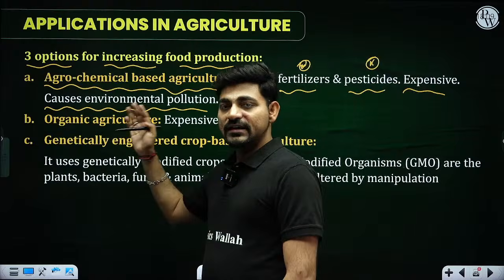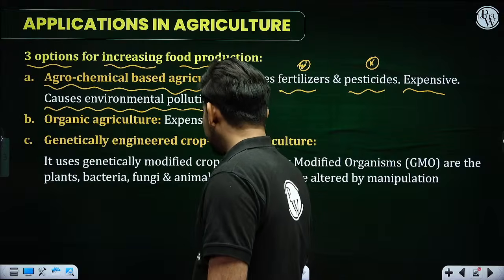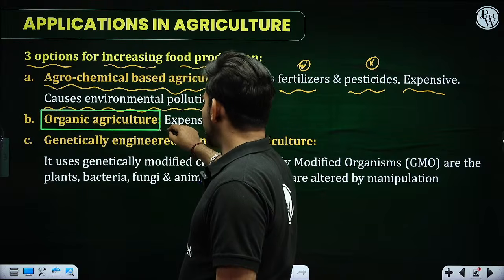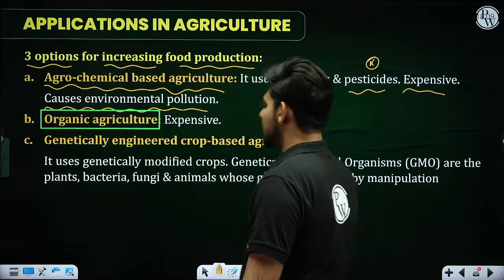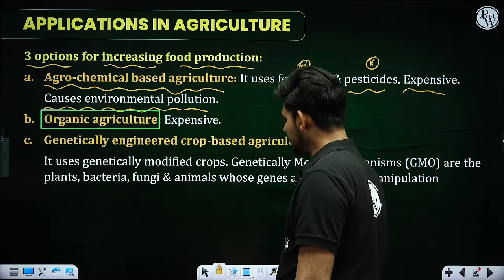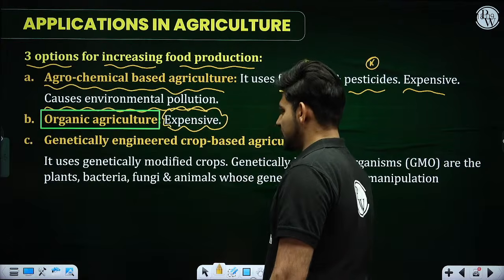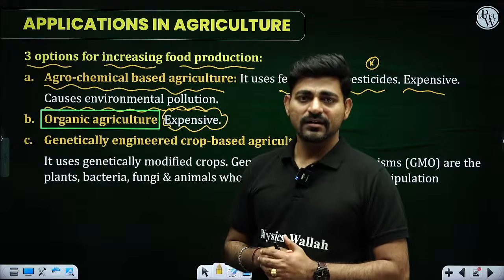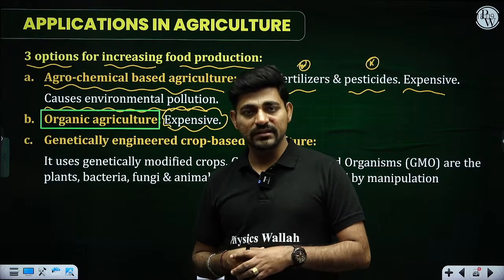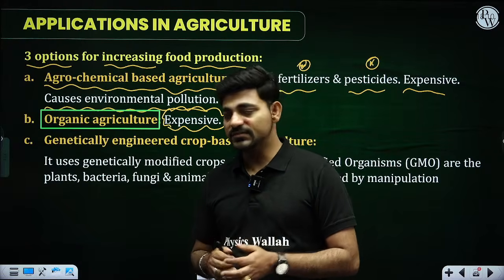Okay, so they can cause soil pollution as well as water pollution. Now, another alternative of agriculture is called organic farming or organic agriculture. Again, for our farmers it is quite expensive, and in a climatic condition like India, you really cannot think of pure organic farming. You have to take support of fertilizer as well as pesticide.